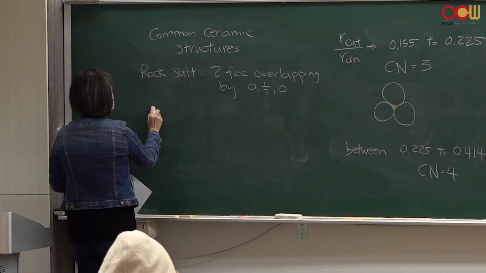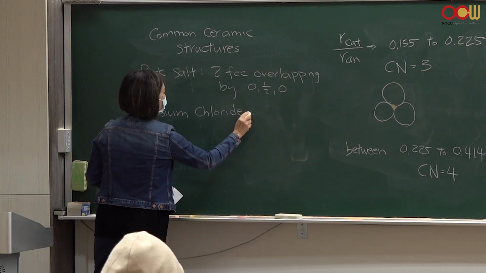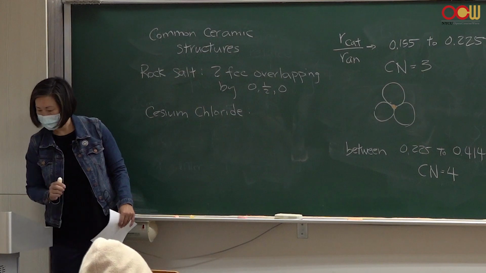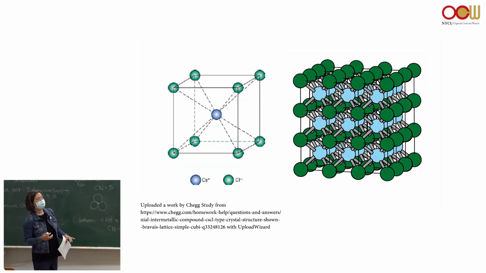Okay, and then you have a cesium chloride structure, and that looks like this. It's also 2 cubic structures that overlap. Can you tell me which cubic structure this is? What is this structure called? Simple cubic, right.